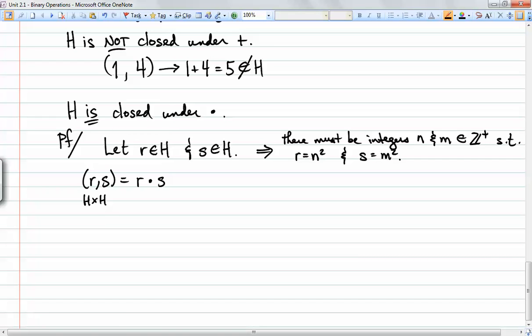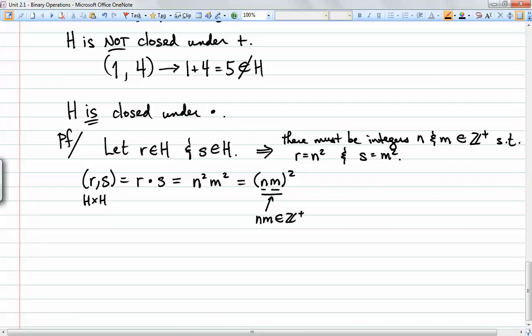Well, that means that R times S is the same thing as n squared times m squared. We know from the rules of algebra that that turns into n times m all squared. And n is in Z plus, m is in Z plus, so nm is also in Z plus, because you multiply two integers together, you get another positive integer. So nm is in Z plus.